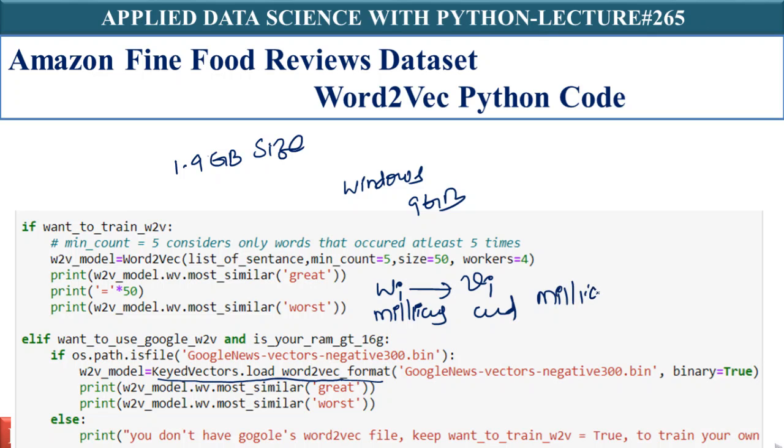Be careful if you have low RAM. Here I am loading the Word2vec model from Google News using one line of code. Once I have it, I can get the vector for any word, as it is a trained one.